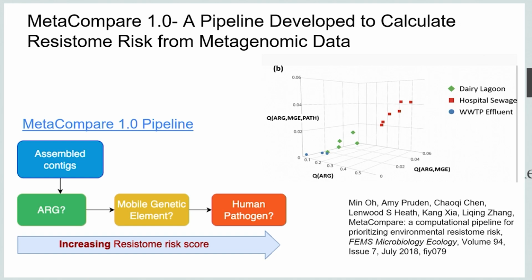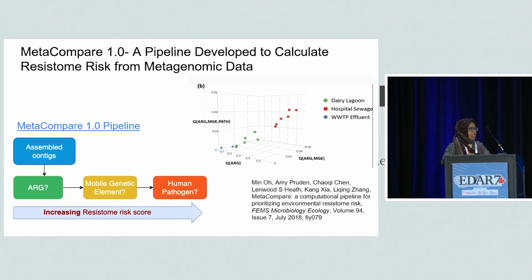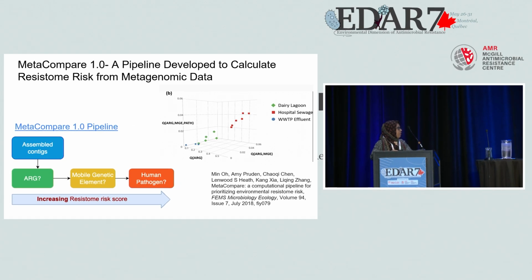The risk score was calculated based on the ARGs found in the sample, associated mobile genetic elements, and the human pathogens that are hosting the ARGs or MGEs in the sample. The pipeline was applied on 14 publicly available metagenomic datasets, and it was shown that the samples collected from locations that are highly contaminated have higher risk scores.